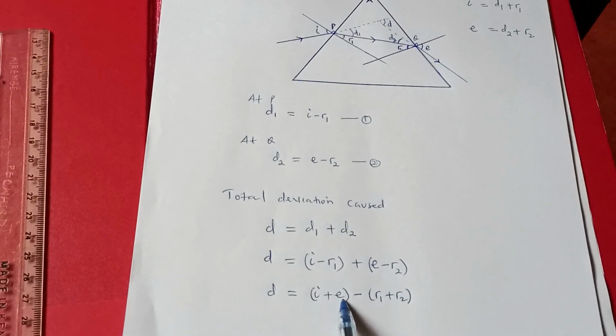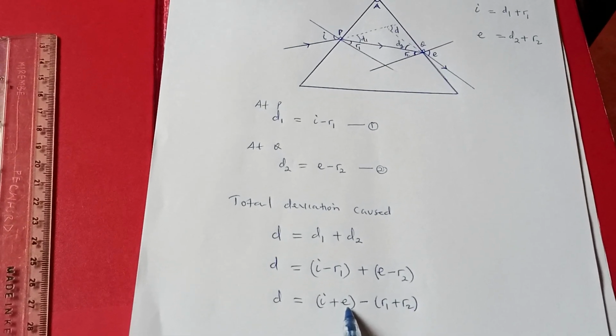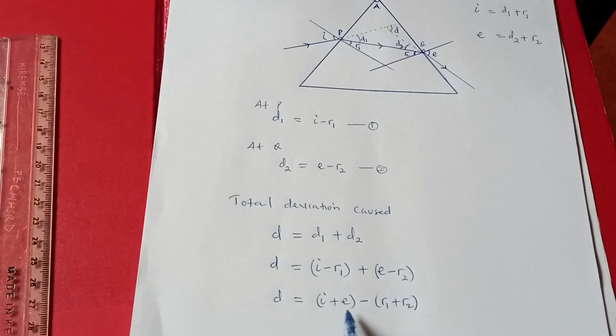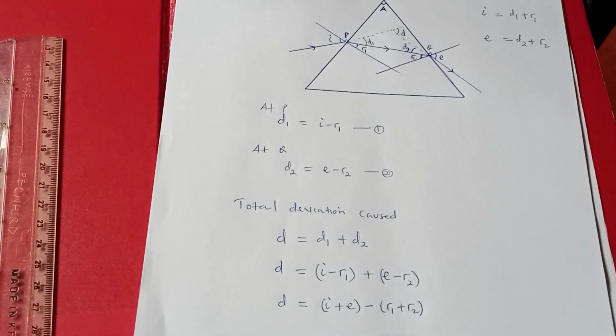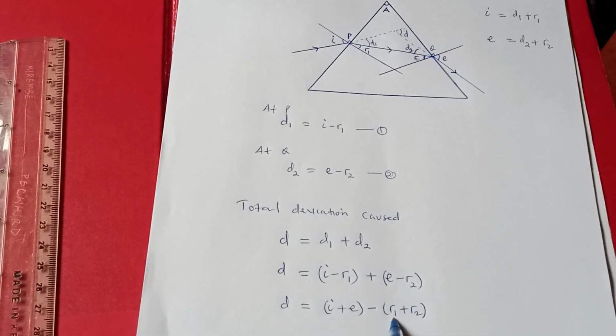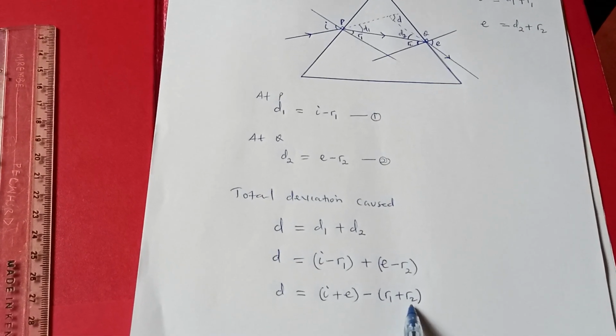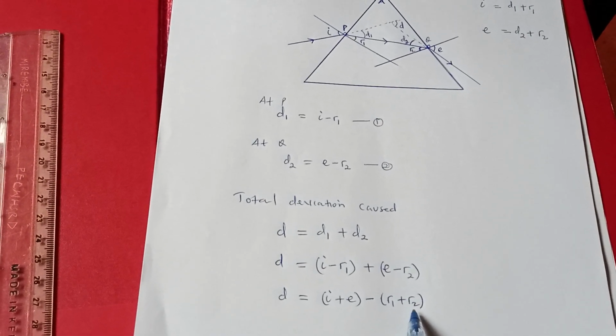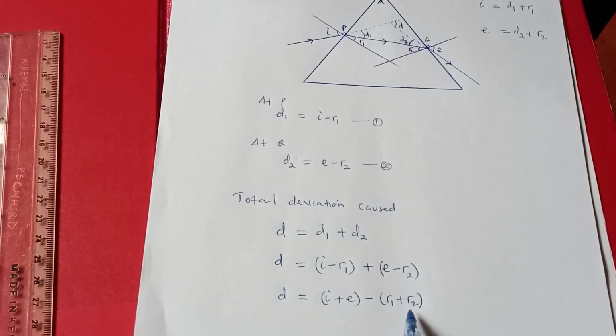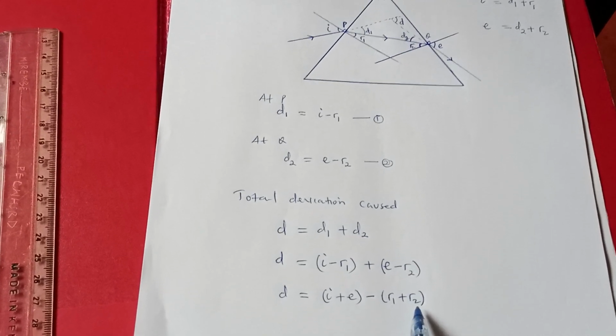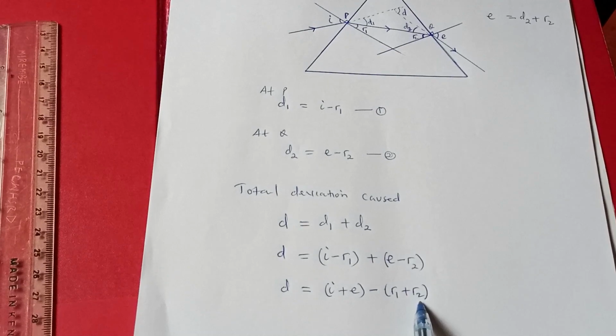Then E is the angle of emergence as the ray is moving from glass back to a vacuum at point Q. R1 is the angle of refraction at point P. Then R2 is the angle of incidence as the ray is moving from glass to air.